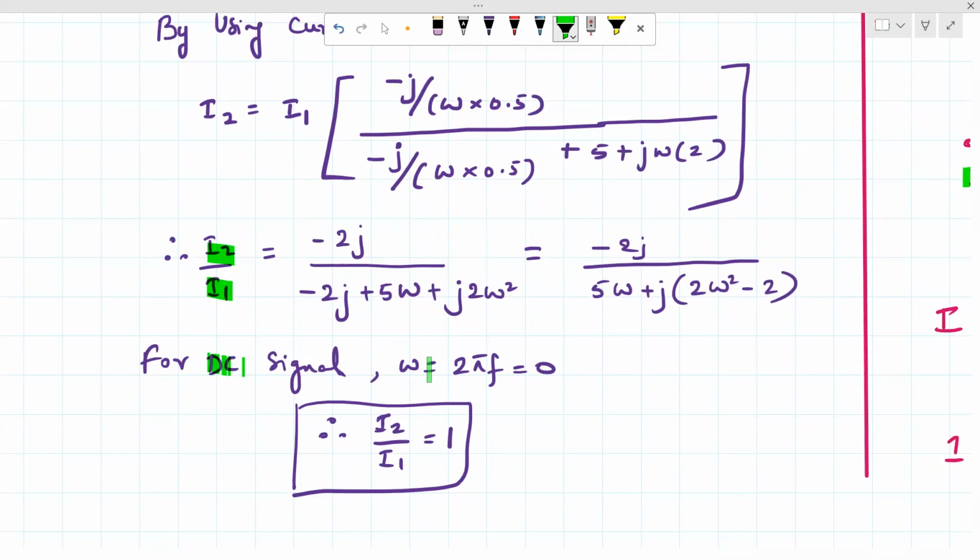So omega will be equal to 0. So this term will be 0 and this term will be 0. The remaining is minus 2j divided by minus 2j, which is equal to 1. So the ratio I2 by I1 is equal to 1.